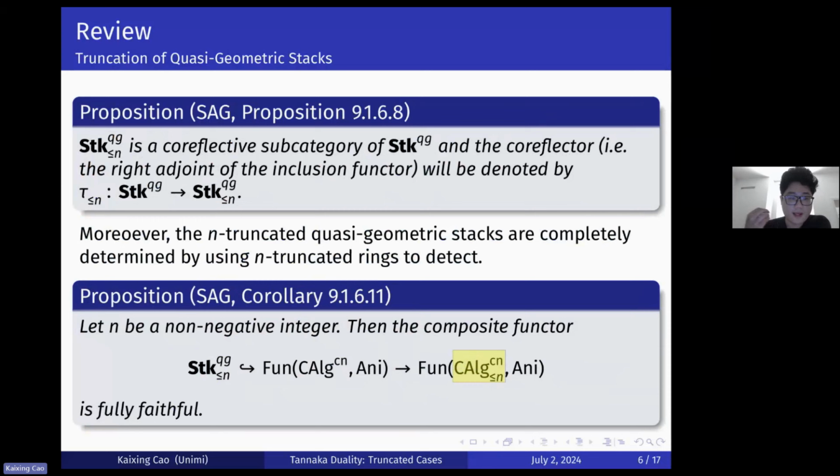Whenever we have a truncated version of the Tannaka duality, in view of this proposition, if we take the zero-truncated case, we get a version of the Tannaka duality for classical algebraic geometry, because it is just detected by ordinary commutative rings.